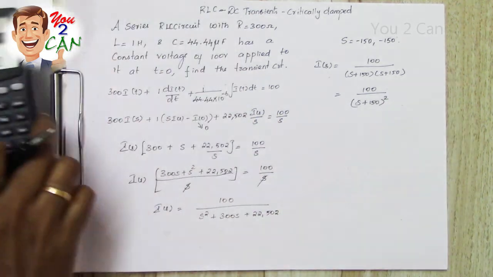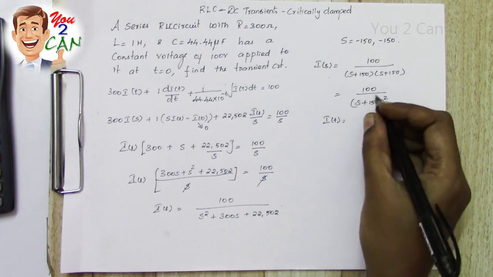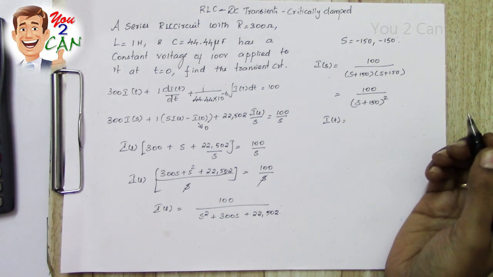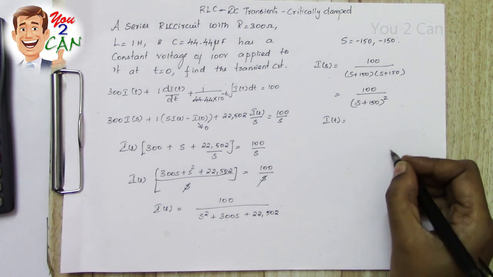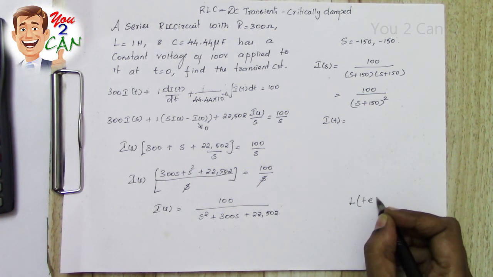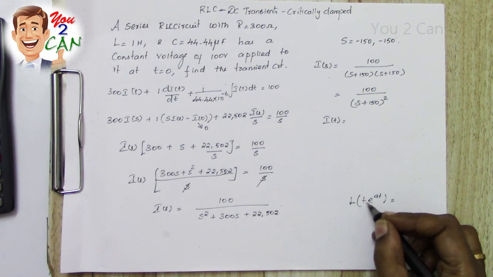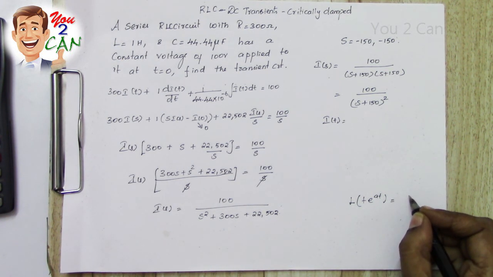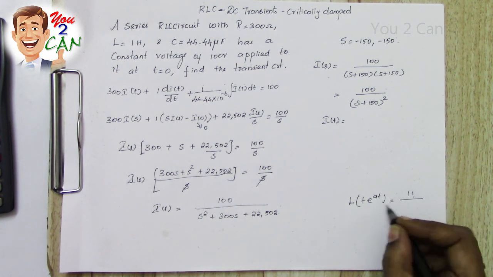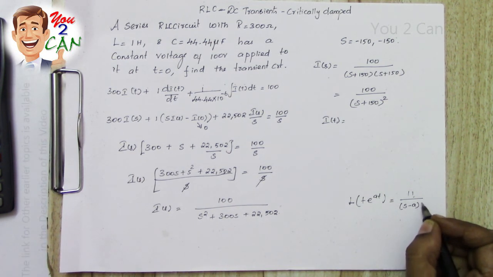Okay, so now take the Laplace inverse. We can directly take the Laplace inverse for this formula. As you know, Laplace of t e power at is n factorial divided by (s minus a) power n plus 1.